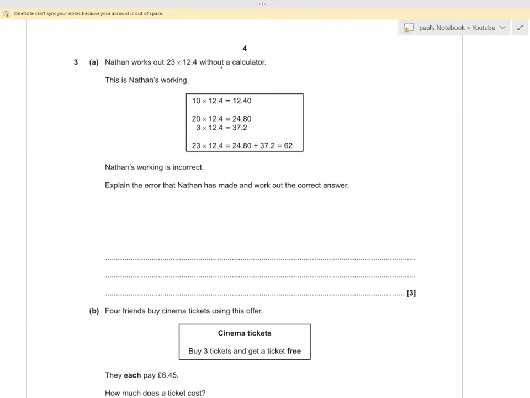Nathan works out that without a calculator. This is Nathan's working. 10 times 12.4 is 12... So 20 is, yeah. And 3 times 12.4 is 37... Yeah. So 23 is 24.8 plus 37.